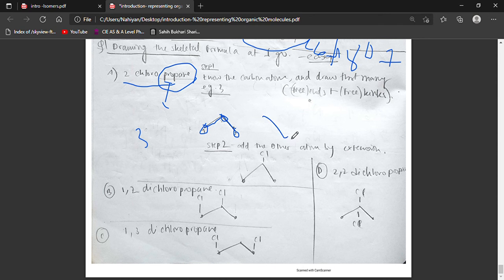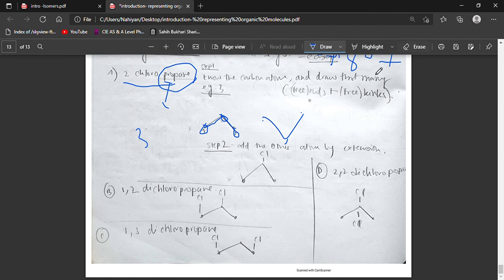It could be like this 1, 2, 3. So it could be in any way. Moving on. So it has 1, 2, 3 carbons. Step 2 is to add other atoms by extending from that carbon. So we have 2-chloro, meaning that on the second carbon we have a Cl attached. So this is the second carbon.